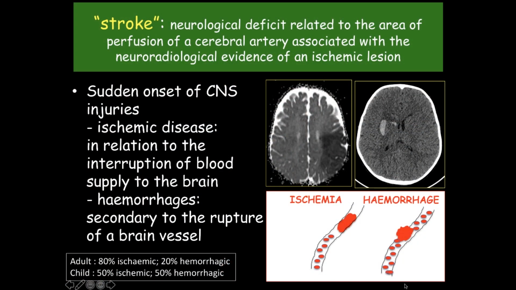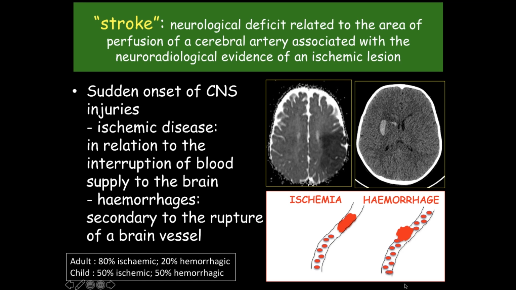As we all know, stroke is a neurological deficit related to an area of hypoperfusion, related to a certain cerebral artery, and therefore associated with neuroradiological and clinical evidence of ischemic lesion.